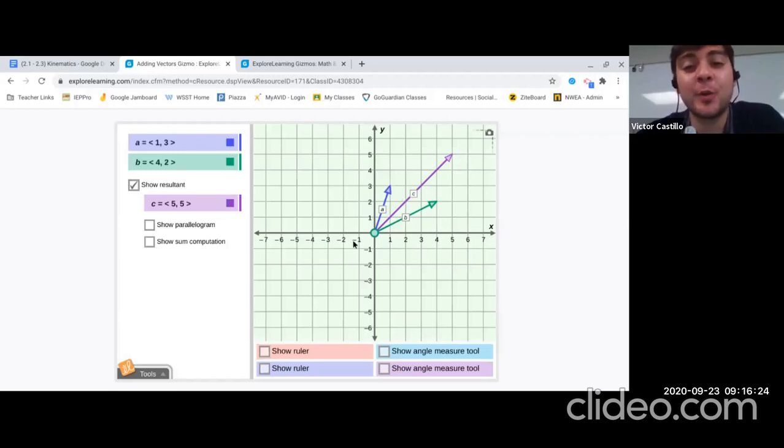So right now all the tails of the vectors are the same, and I don't want that.